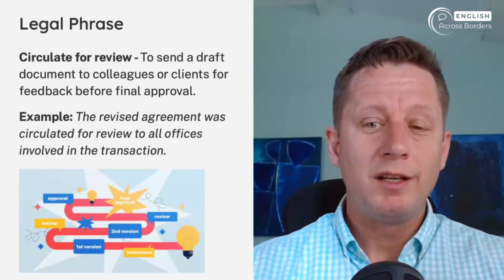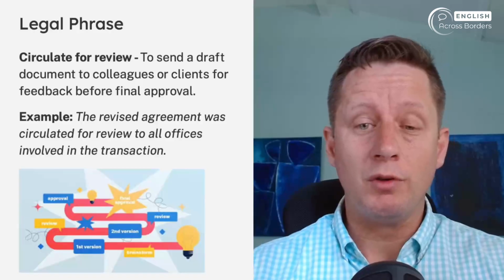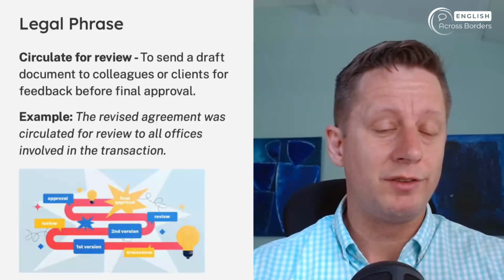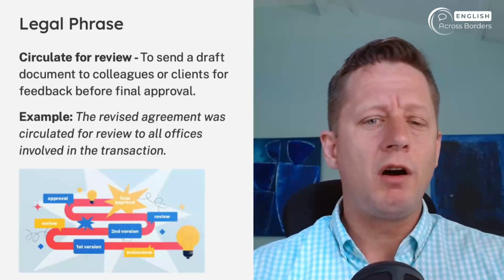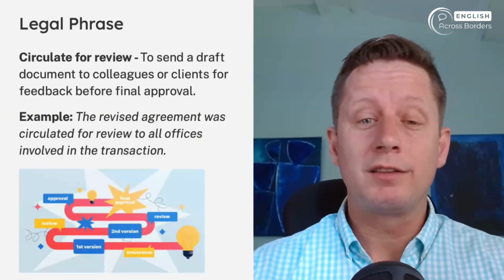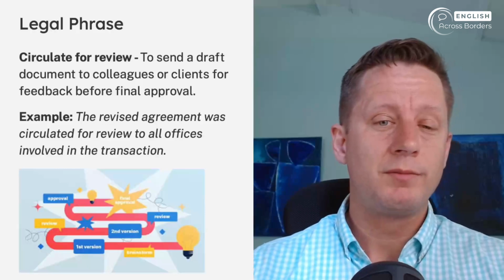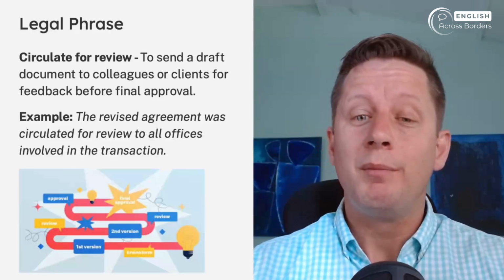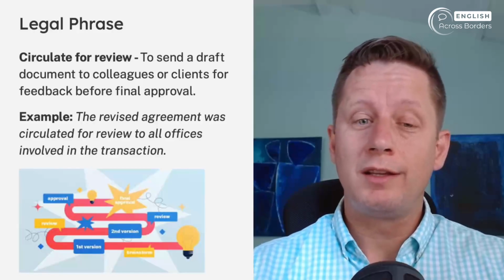Once complete, it is circulated for review to New York and Sao Paulo to ensure accuracy across jurisdictions. Each office adds comments, suggests edits, or flags local compliance issues. This process reflects how international law firms maintain quality control and accountability.